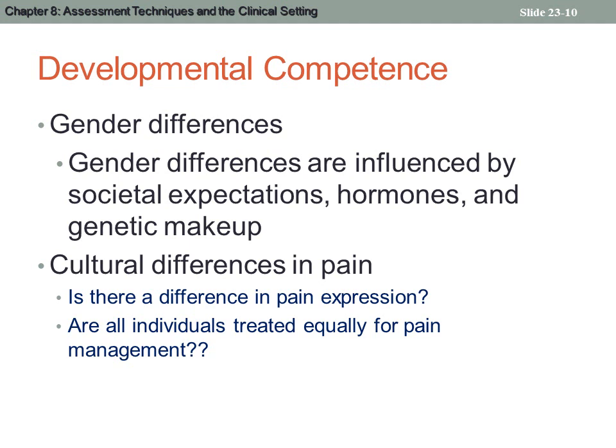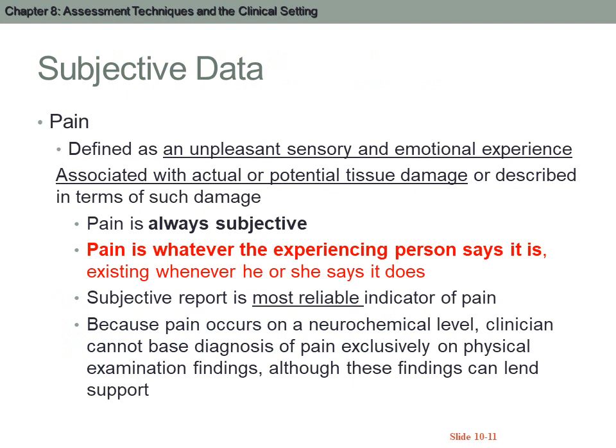How do we manage the pain, right? Again, what is pain? Pain is what the patient says that pain is. So it's always subjective. The person that experiences the pain is more reliable, right? They're the ones experiencing the pain, so they should be able to tell us what the pain is all about. The unpleasant sensory experience that they're having.